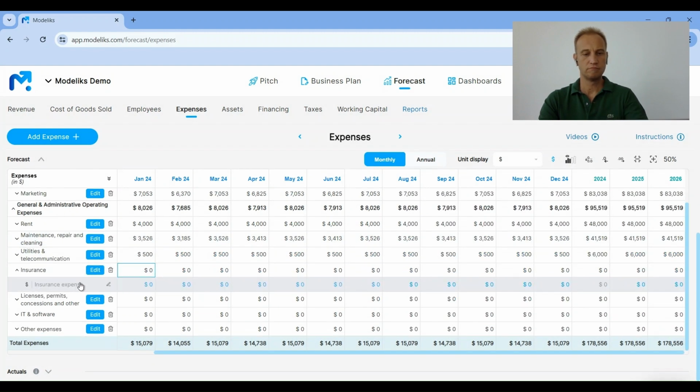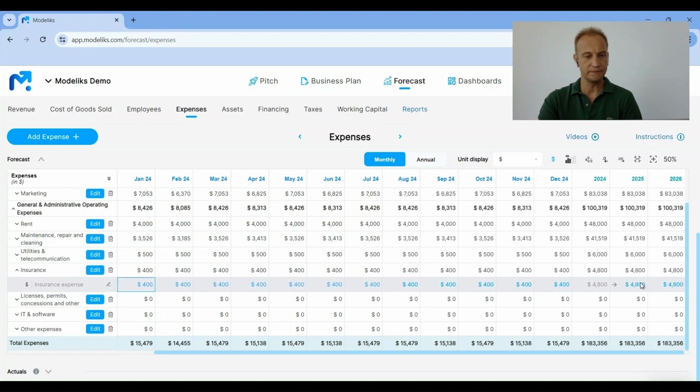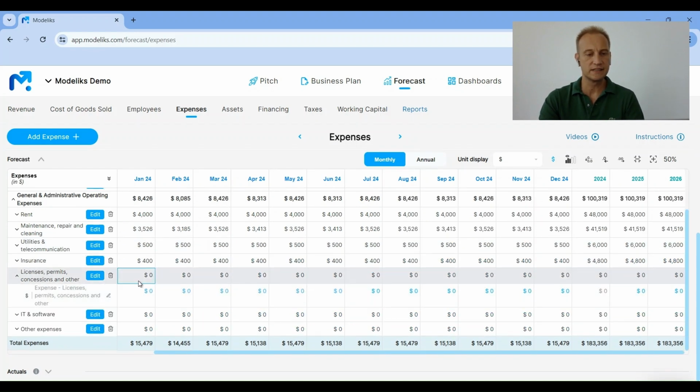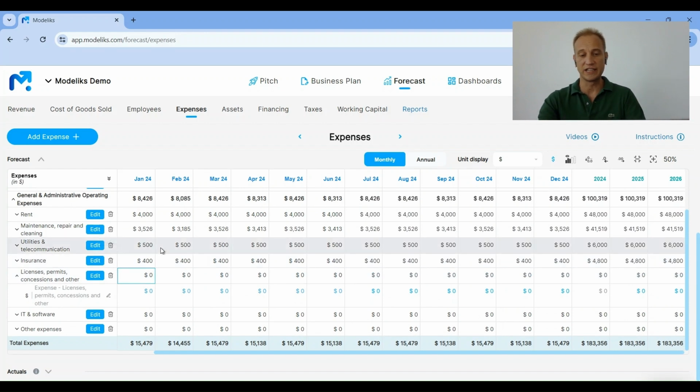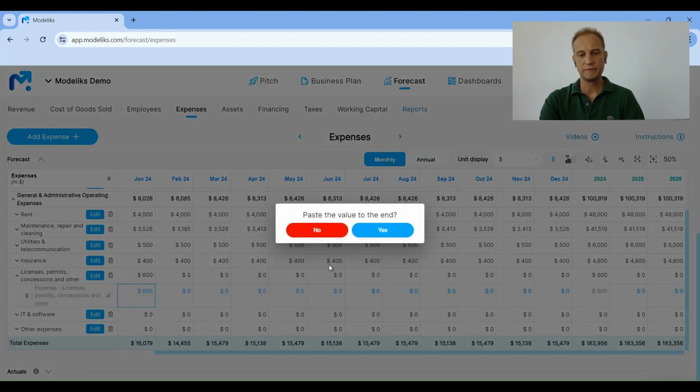Insurance, $400. Cost for insurance of our restaurant per month, $4,800 per year. Any other licenses, permits, and other concessions, other expenses. So these are again about $600 per month.